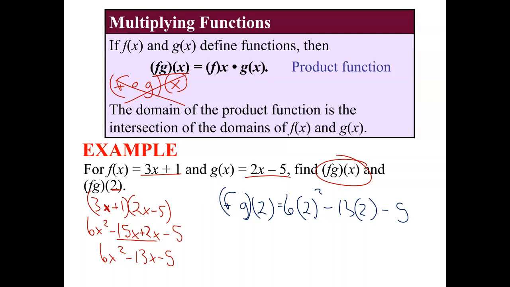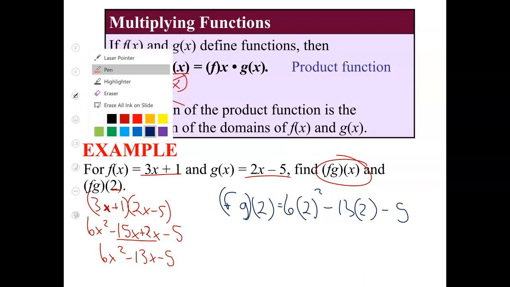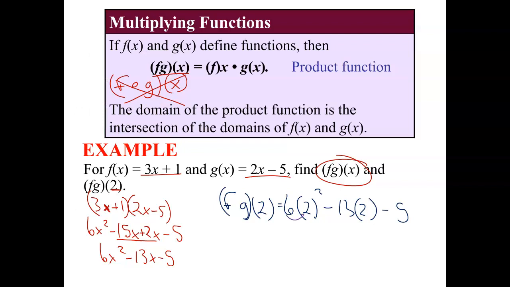I saw a whole lot of 6 being multiplied by 2 before it gets squared. And that makes me sad. Don't do that. Order of operations says we do what first? Exponents. Always do your exponents first. So we do 2 squared to get 4.